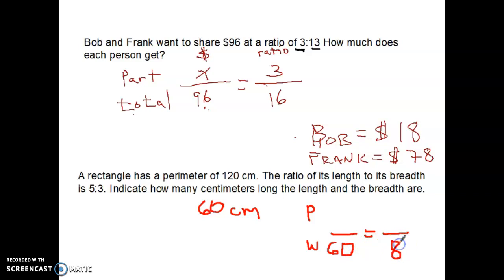And let's find the breadth first. So we're going to put the breadth, it's a 5 to 3 ratio. And this is what we're trying to find. We're trying to find the breadth. So I'm going to put X there. And the breadth is 22.5 centimeters, the length is 37.5 centimeters.